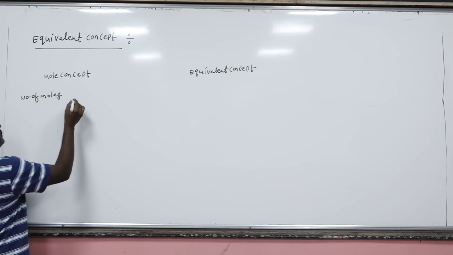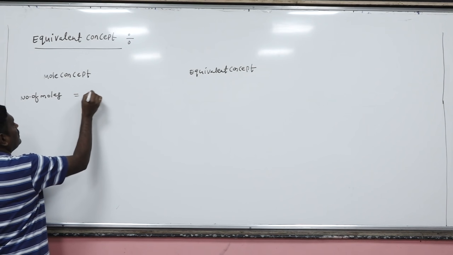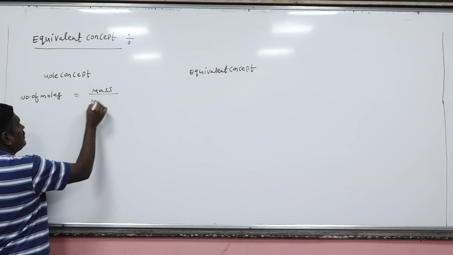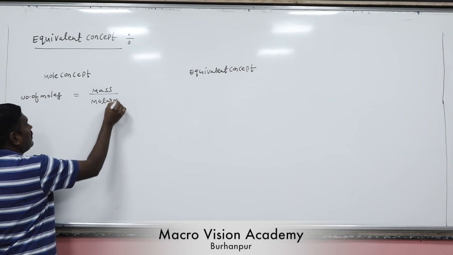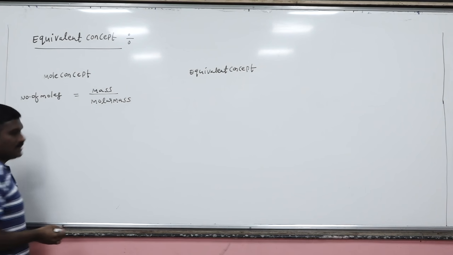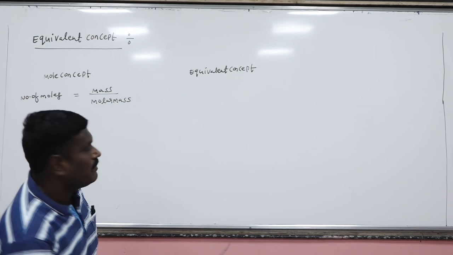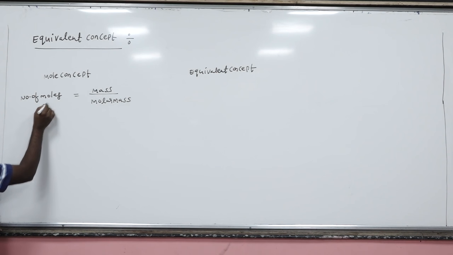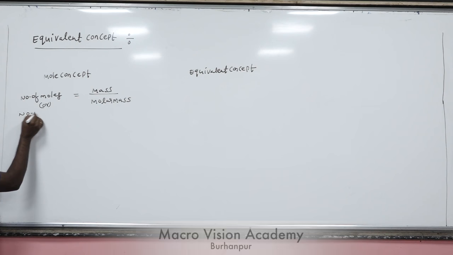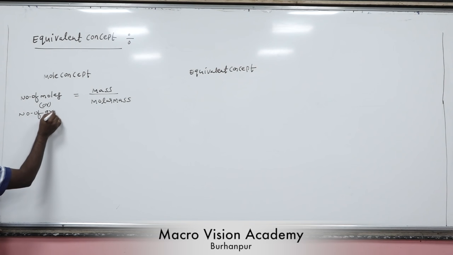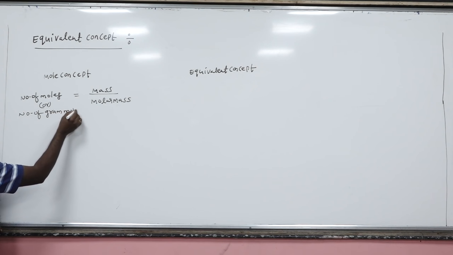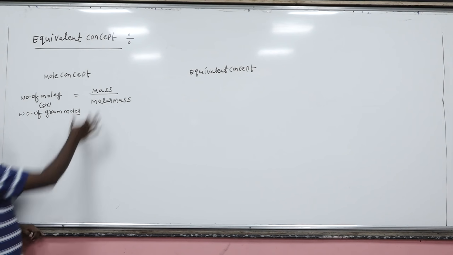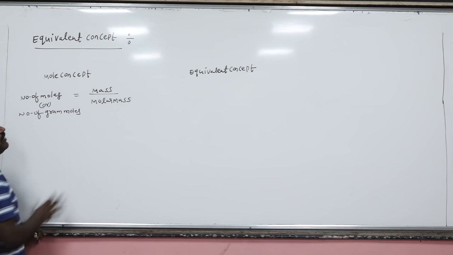Number of moles is equal to given mass upon molar mass. It is also known as a number of gram moles. How to calculate the number of moles or number of gram moles? Given mass divided by the molar mass.